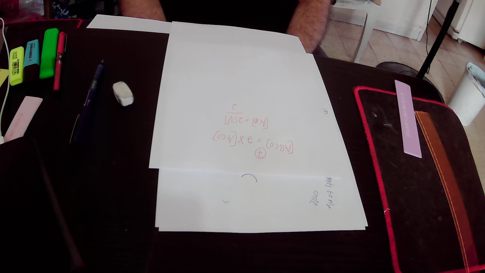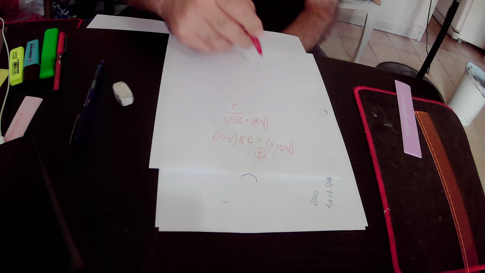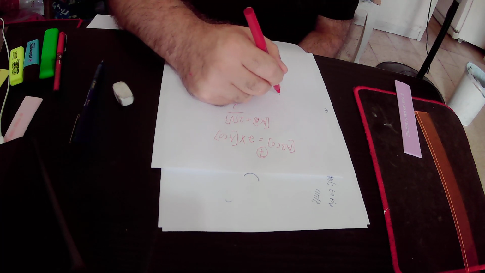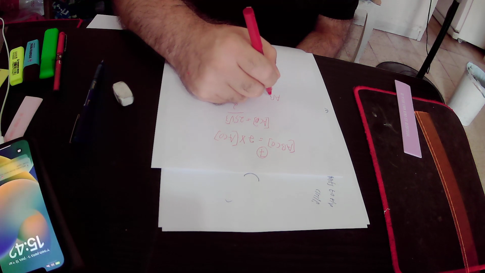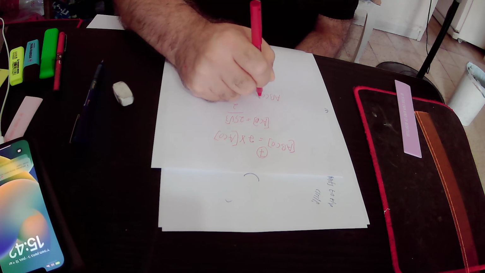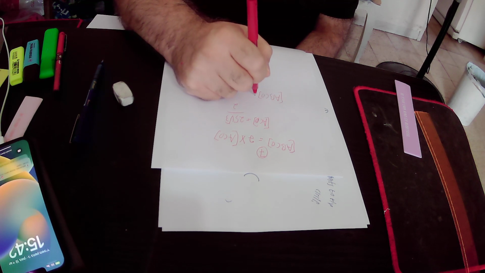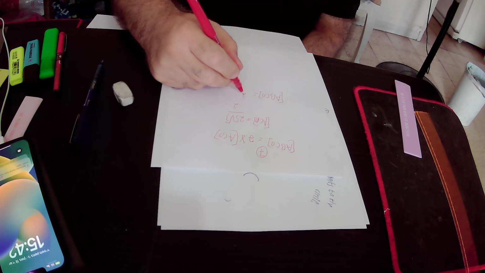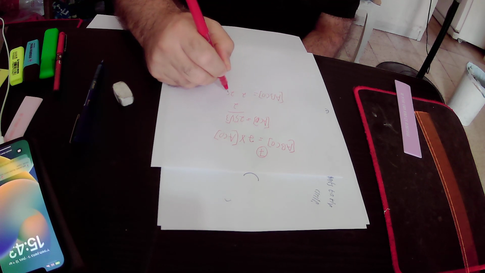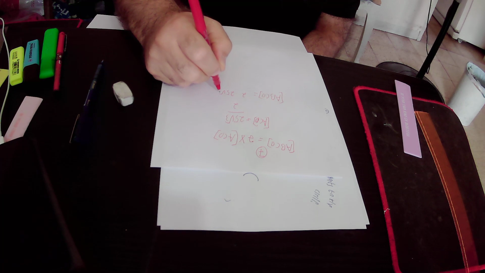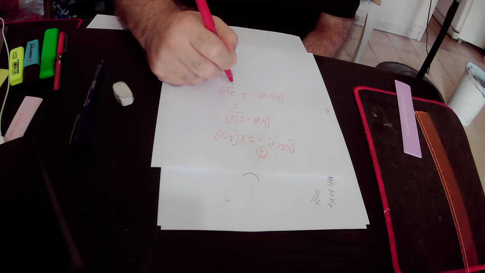Okay, so the area of quadrilateral ABCO equals 2 times 25 times root 3 over 2.